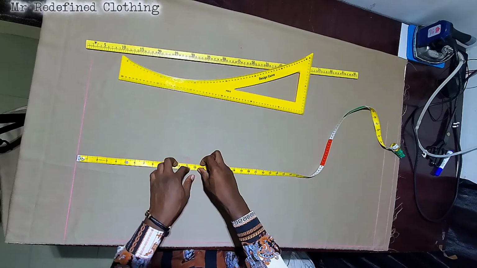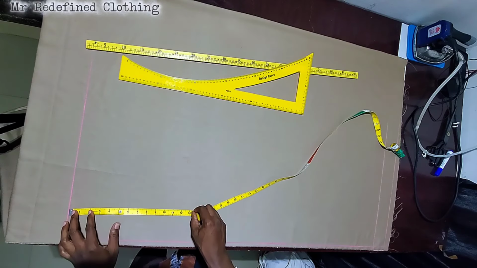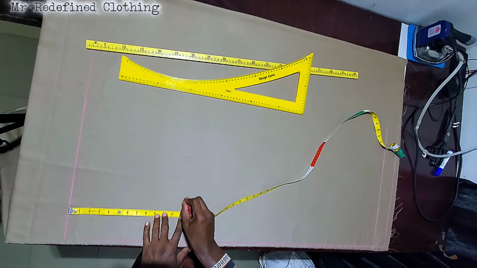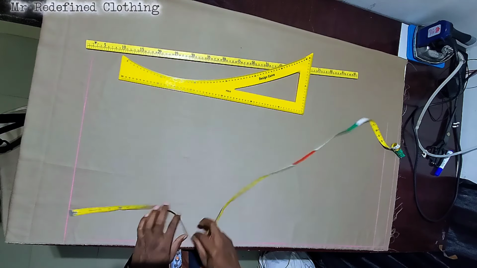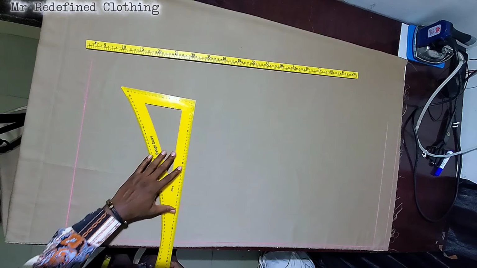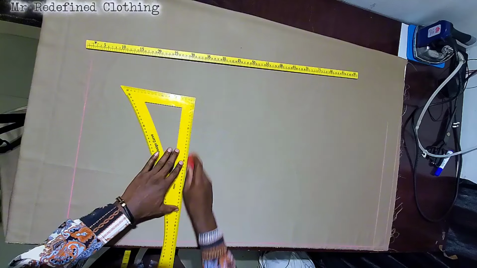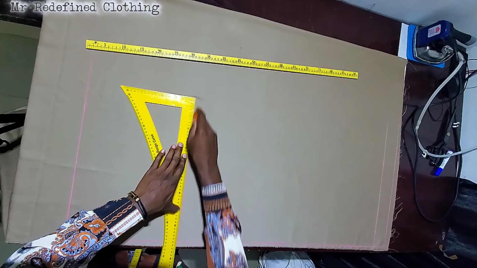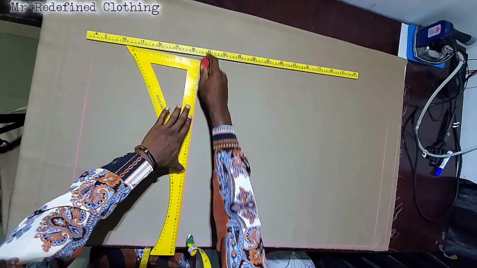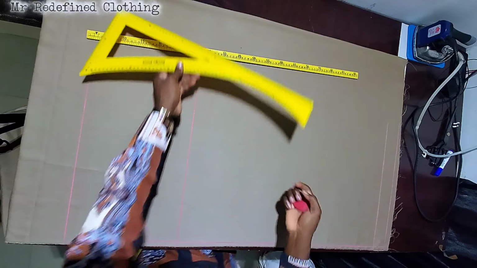The reason for ignoring it is because it's not up to half. But if it was up to half, I wouldn't have ignored the half value. So I will just take 12, just to give me more fitting, and then extend the line all through this way.